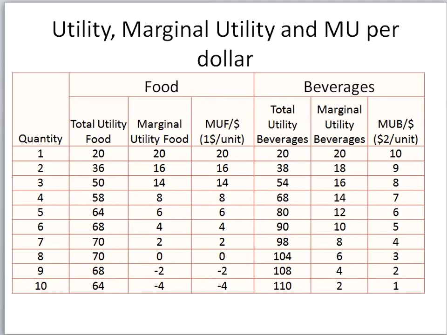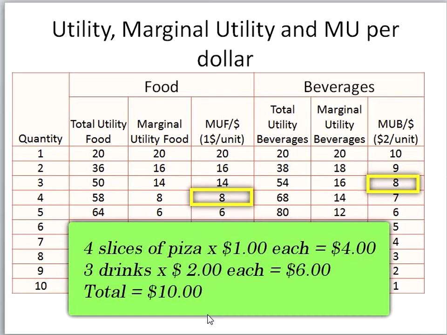In other words, looking at this graph, if we were to spend $10, we would have 4 units of food and 3 units of beverages, because the marginal utility per dollar spent for both equals 8. We have explained how that works in the previous video.